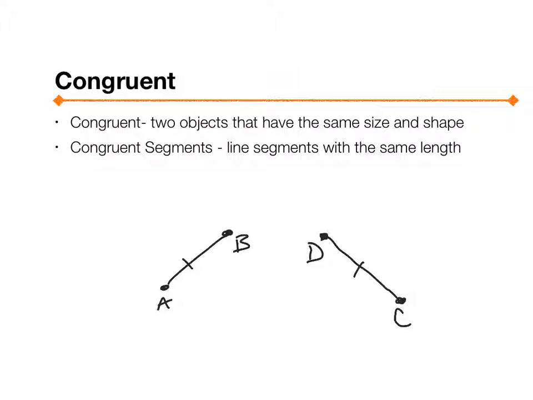So if we were writing this, we would write segment AB is congruent, so you put an equal sign with the little squiggly line on top, to segment DC. So congruent lines are line segments with the same length.